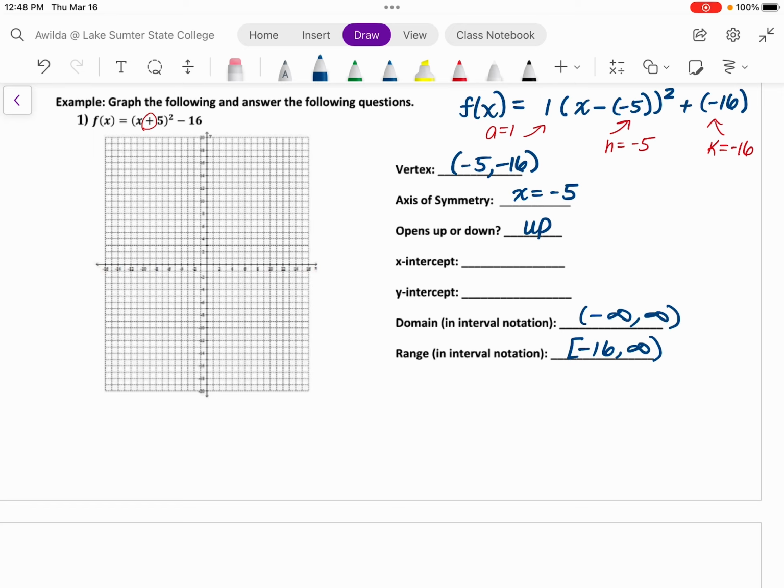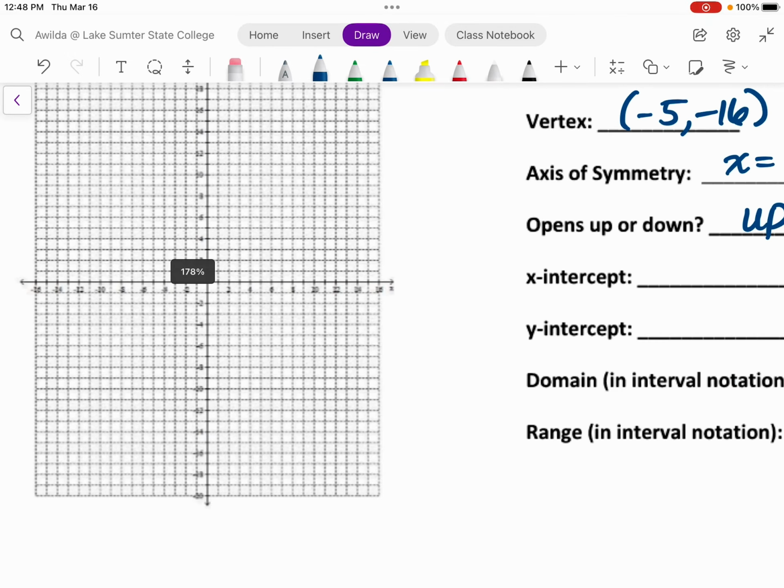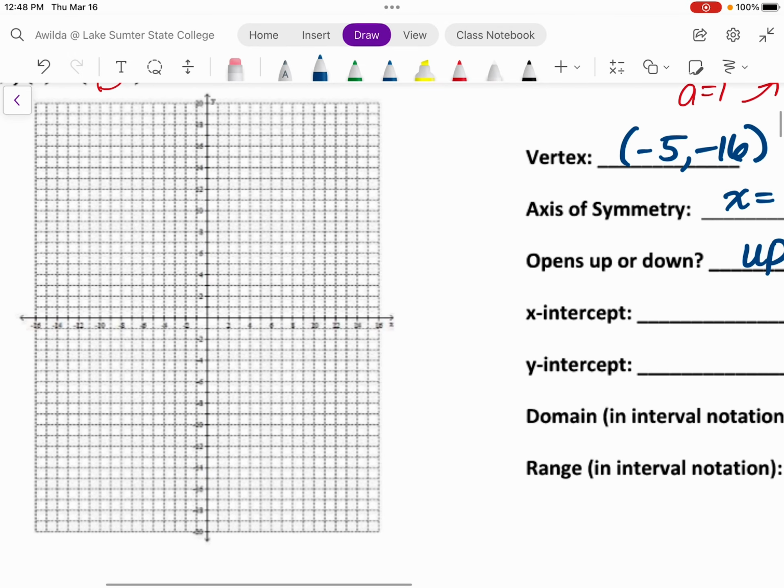Now, let's go ahead and try to graph this parabola, and then we'll come back again and explore the x and the y intercepts. We know that this is going to open up, and that the vertex is at the point negative 5, negative 16. Now, I know these are really tiny grid marks, and they go up by ones. So let's see, negative 1, 2, 3. Let me make this bigger. That should help.